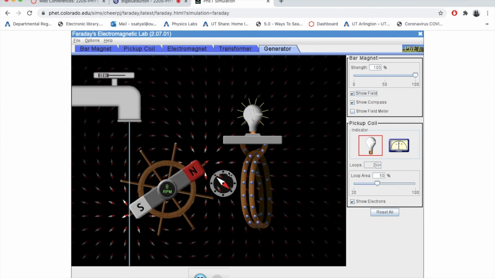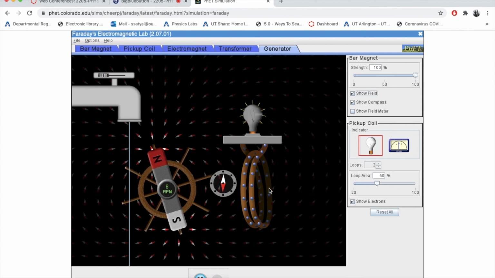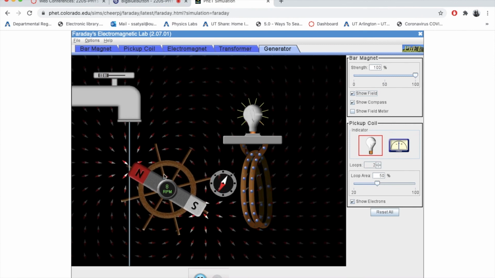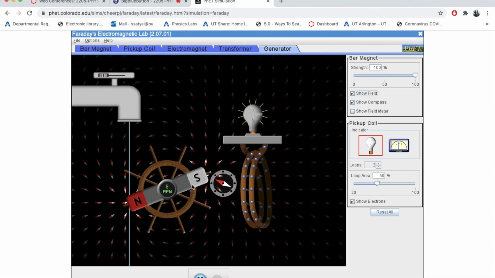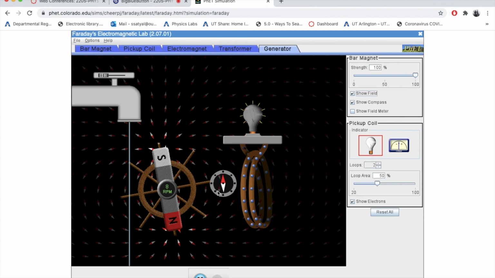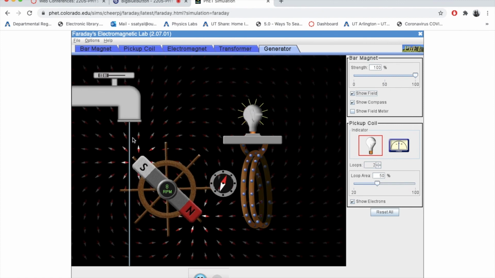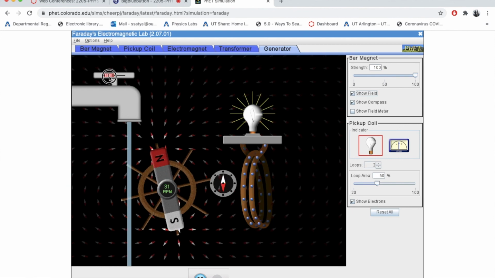So you see the magnetic field line that passes through the coil changes depending on the angular speed of this wheel, and that I can change by the amount of water that I'm passing through.